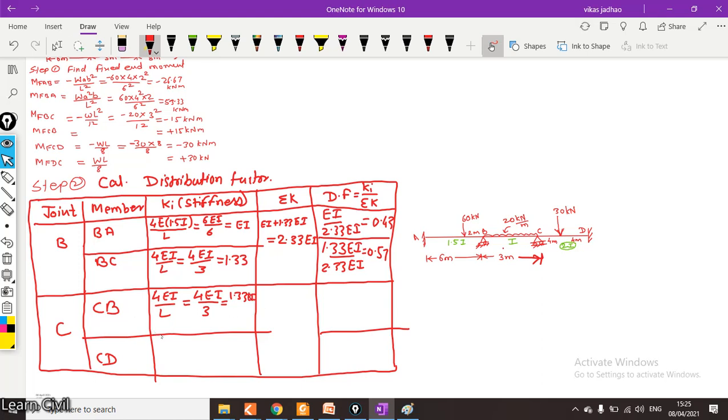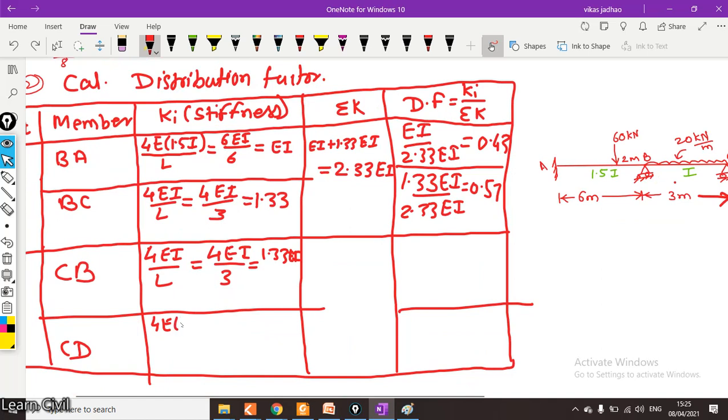For CD, again the stiffness is 4EI divided by L, with a span of 8 meters. But for CD the moment of inertia value is twice I. Therefore, you have to take 4E into 2I divided by L. So this is equal to 8EI divided by 8, which is EI.